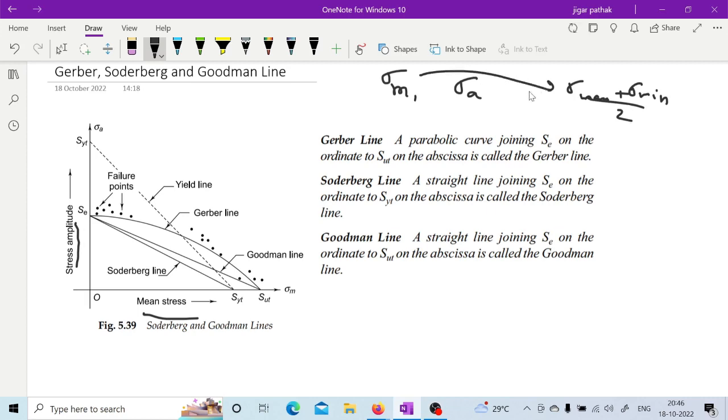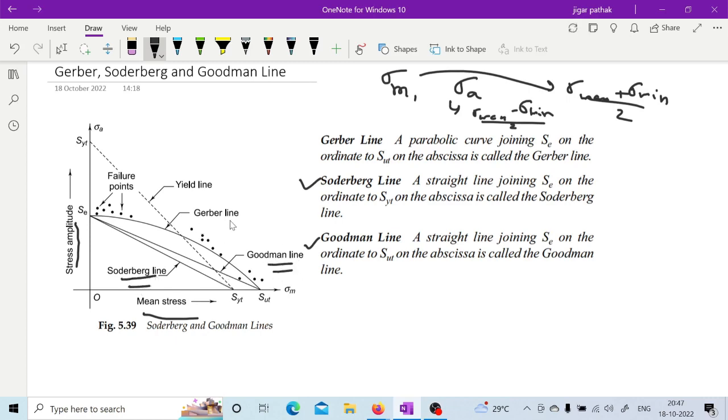Remember this? While studying cyclic stress we have seen this. Yes, sir. So by this mean stress and the stress amplitude, we are plotting them against each other, and we have different criteria. The Soderberg line and the Goodman line are actually only straight lines, as you can see.